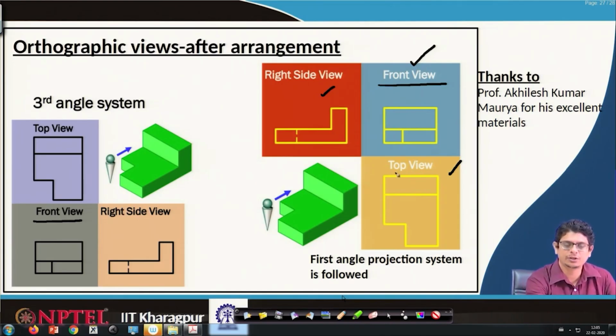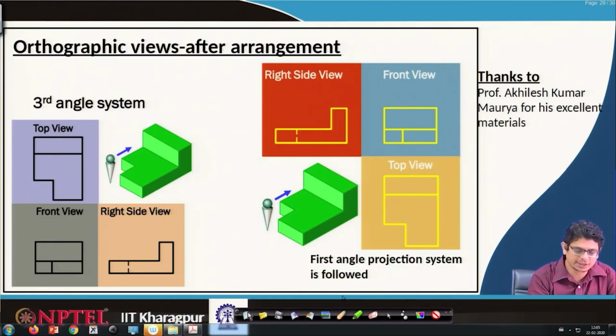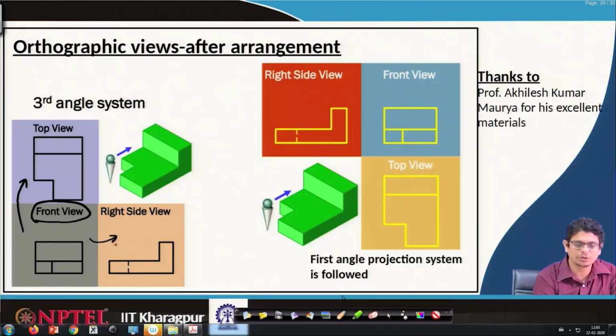So, the front view is the central one, connected by top and right side views, or perhaps left side views. Whereas in the third angle projection system, for the same object the front view comes at bottom level, the top view goes to top level, and the right side view comes to the right hand side.